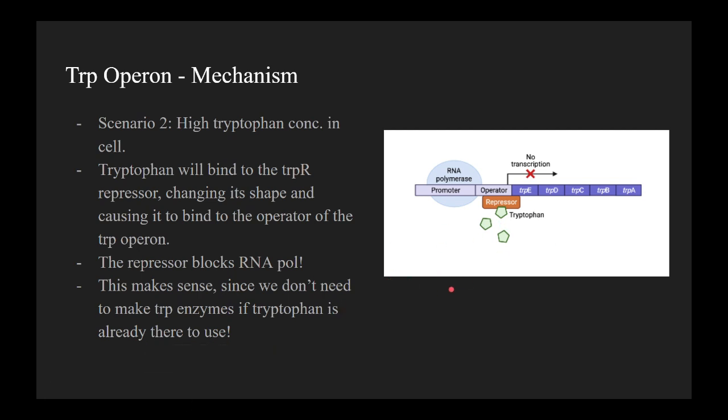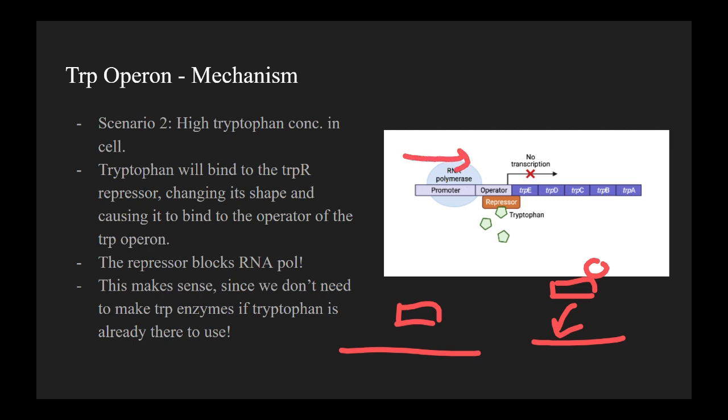The repressor is normally unbound, but whenever tryptophan is in the environment and it binds to the repressor, the repressor will actually go on this time. So essentially tryptophan binds to the repressor, which can now bind to the operator, and now it's physically blocking this RNA polymerase from proceeding forward. And again, this is perfect because if we already have tryptophan in the cell, we don't need to make the tryptophan enzymes because it's already there.